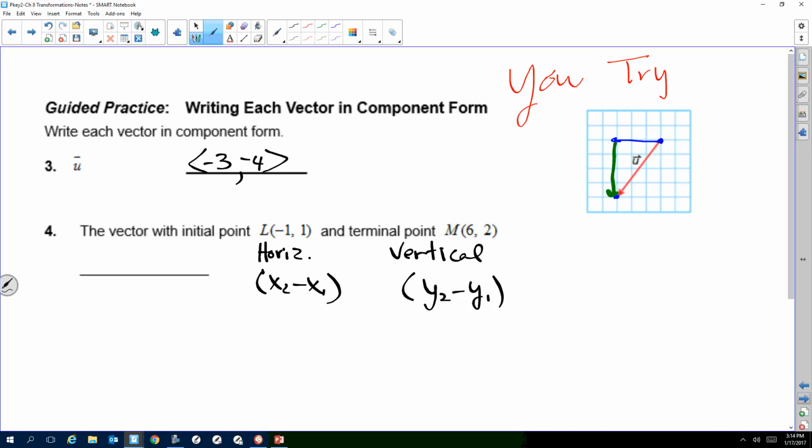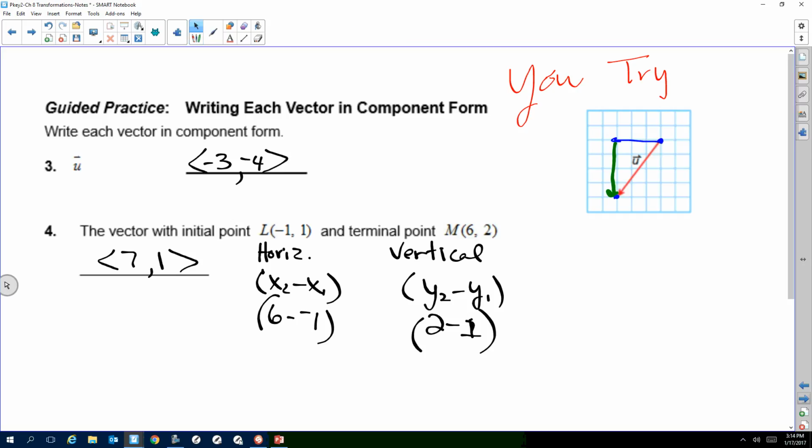And let's come up with the component form for vector LM. Hopefully we got 7, -1. Check your work. You do 6 minus a -1. And here we do 2 minus 1.